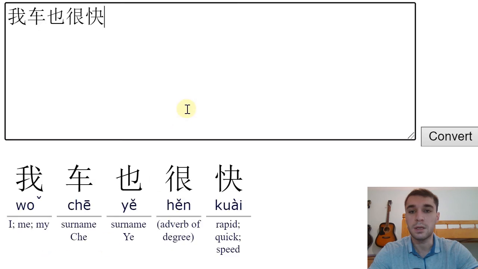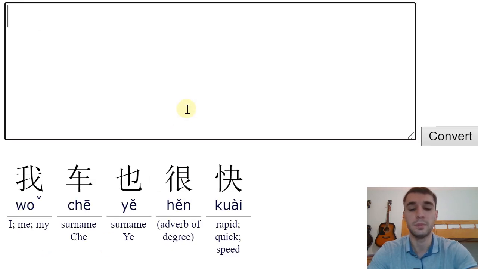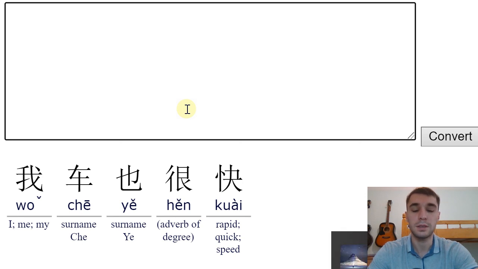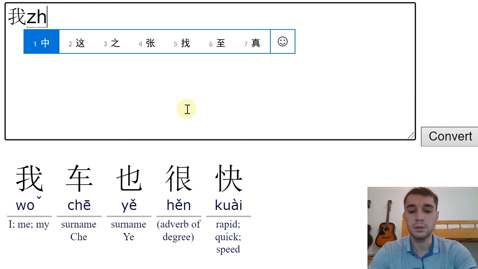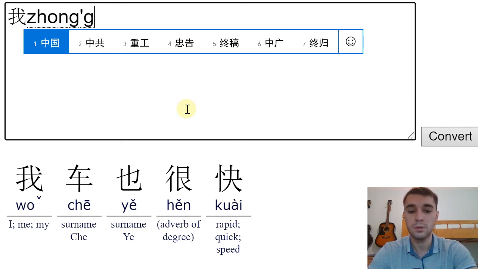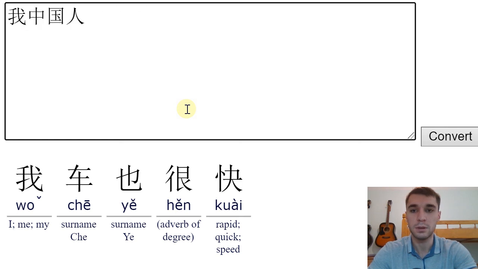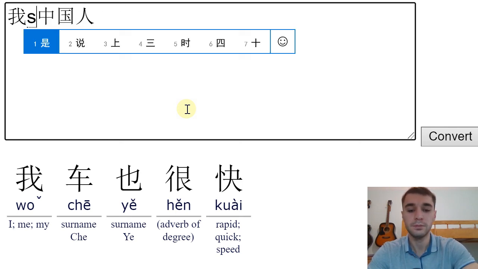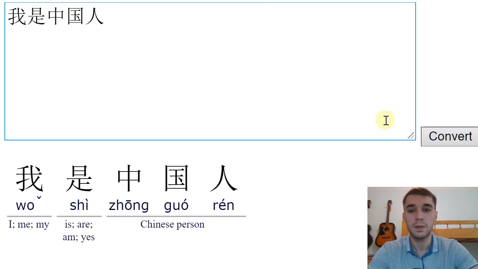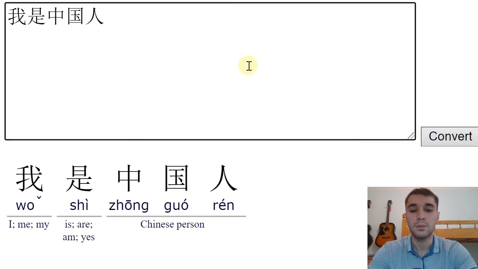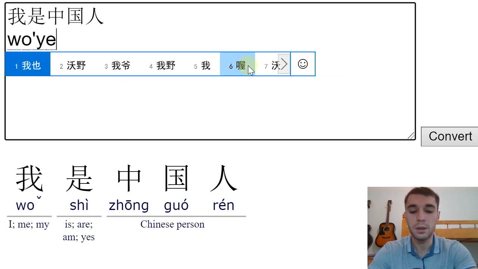Okay, some other examples. For example, I am Chinese. I am a Chinese man. How to answer this? 我是中国人. Now we should say, me too. 我也是.